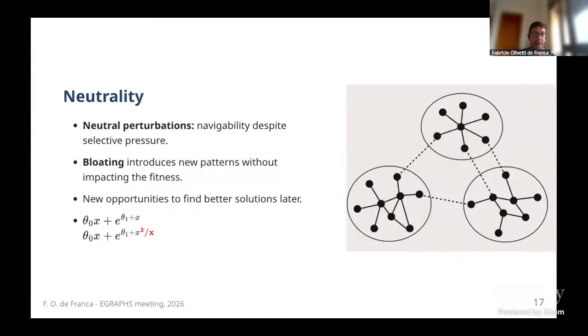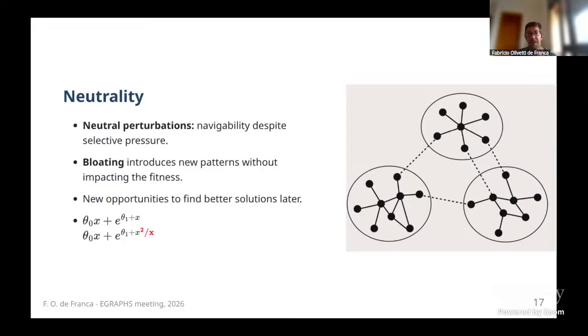In symbolic regression, there is this concept called neutrality: whenever we apply some search algorithm, we often apply perturbations to the expressions to propose new candidates, and many of these proposals can actually be neutral. For example, here we have this expression, and we make this perturbation that is basically the same expression, right? While this makes the search space quite redundant, on the other hand, it is the one thing that enables us to navigate the search space.